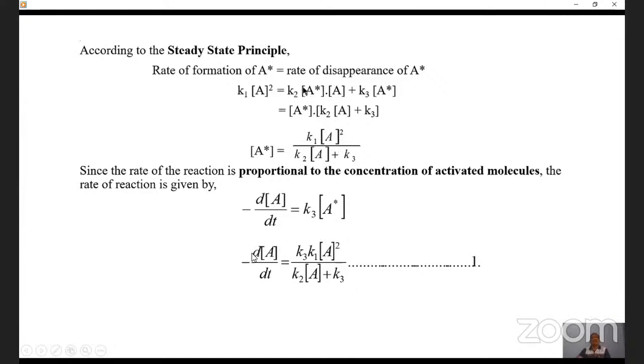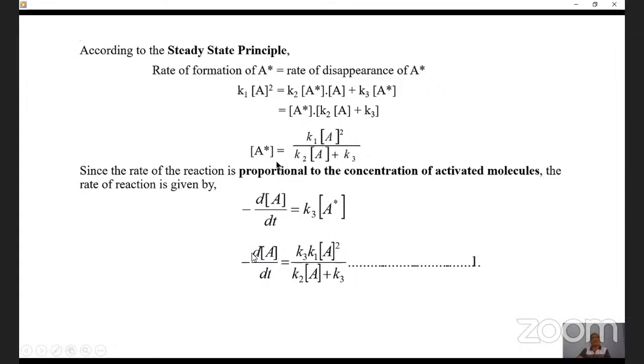We can take the concentration of an activated molecule as common, and we can rewrite the remaining equation in a bracket, that is K2 concentration of A plus K3, so the concentration of an activated molecule is equal to K1 concentration of A square divided by K2A plus K3. Like this we can write the equation for the concentration of activated molecule.